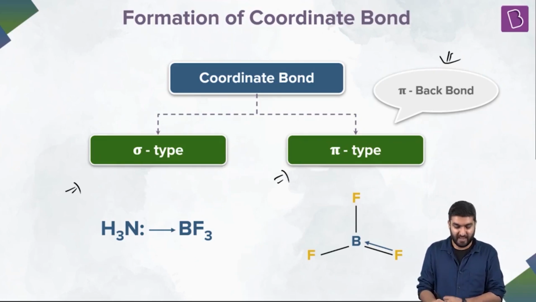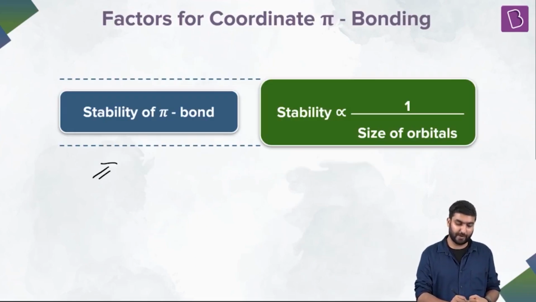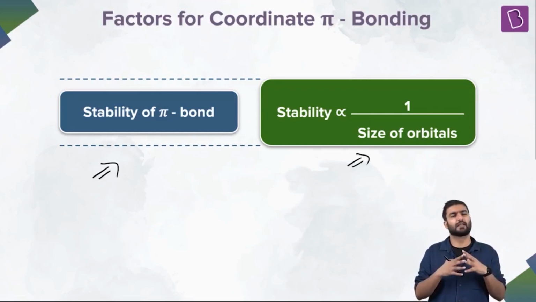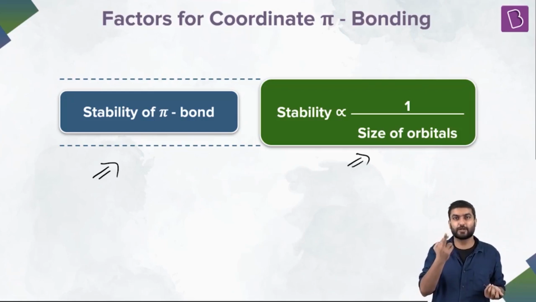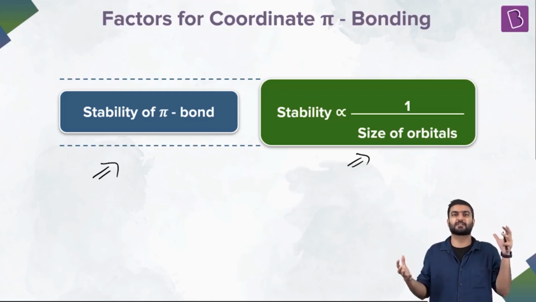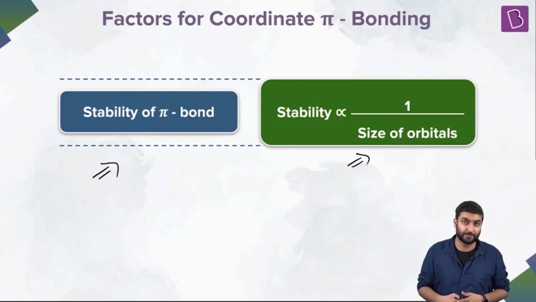Okay, cool. Now, the stability of pi bond is inversely proportional to the size of the orbitals. If you have larger and larger orbitals, the electron density is diffused, because ultimately you have only 2 electrons in an orbital which now have a larger space to move around.